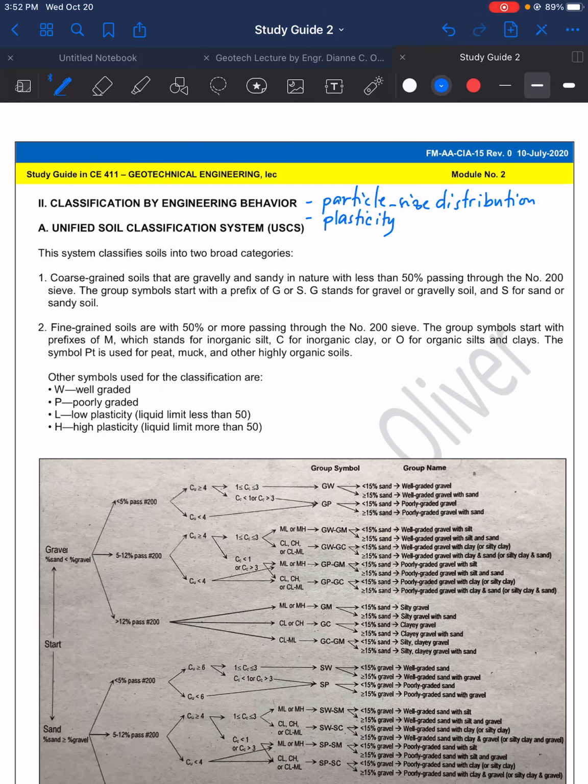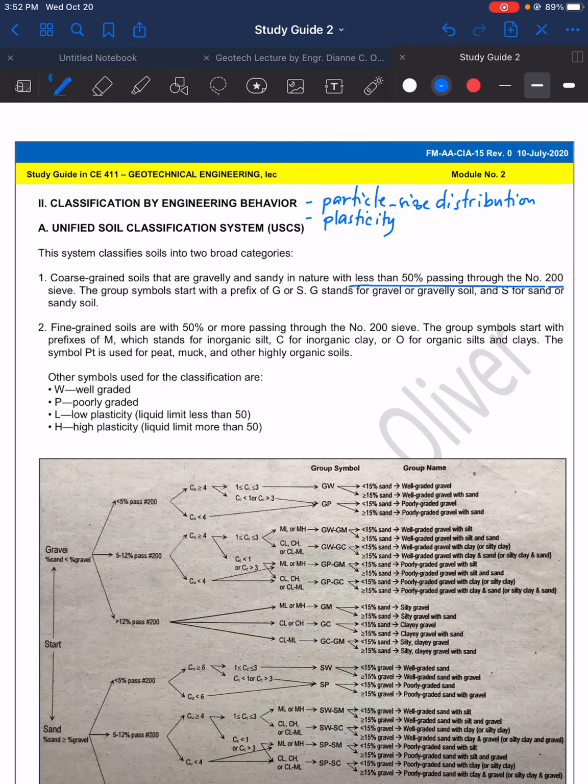Okay? So let's start with the Unified Soil Classification System, or the USCS. So how do we use this classification system? This system classifies soils into two broad categories. We have the coarse-grained soils and the fine-grained soils. So coarse-grained soils are gravelly and sandy in nature, with less than 50% passing through the number 200 sieve.